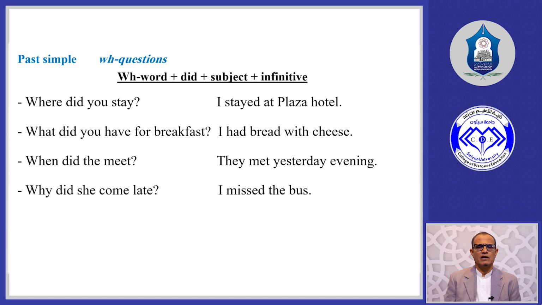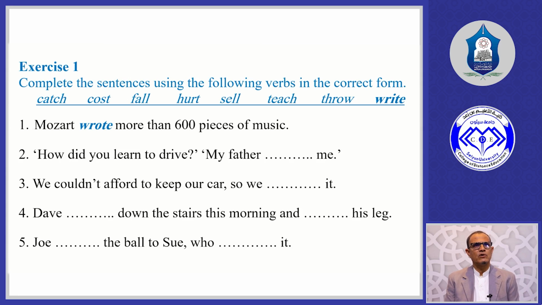So these answers are in the past simple tense because the questions are in the past. The form of WH questions is formed by using the WH word, then did, and then the subject.